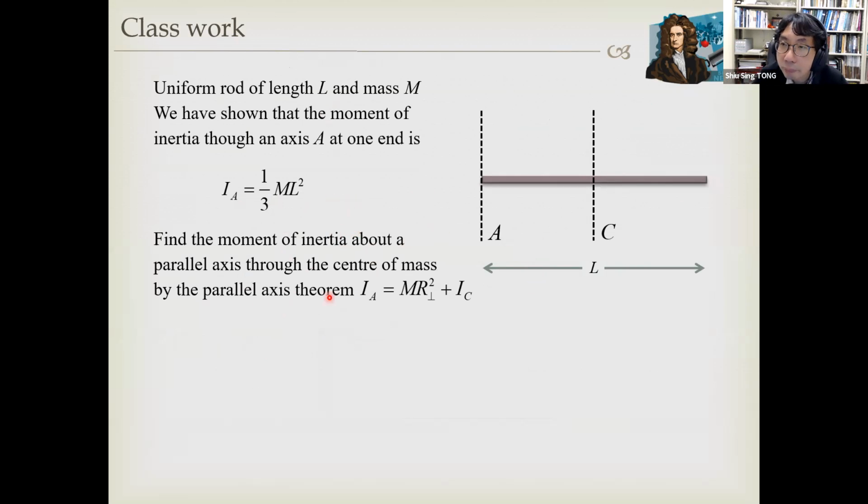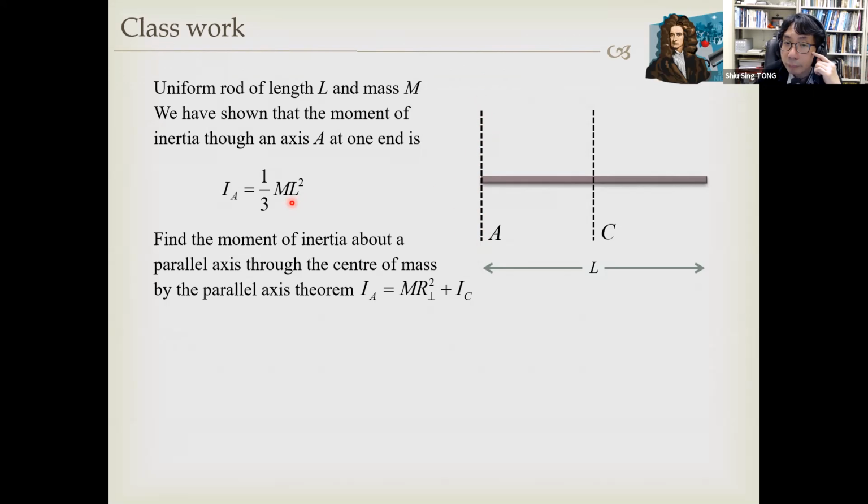Now, before our break, let us test our understanding of this. In our previous discussion, we used an integration to find the moment of inertia of a uniform rod about one end, right? The axis A is the axis passing through one end of the rod, and I found that the moment of inertia is 1/3 of ml square.